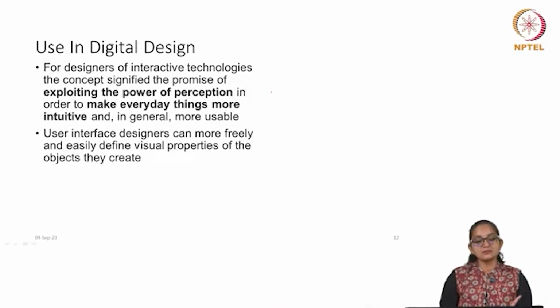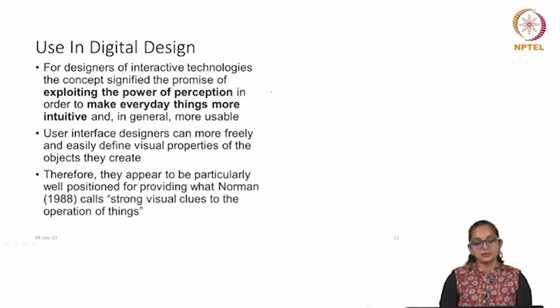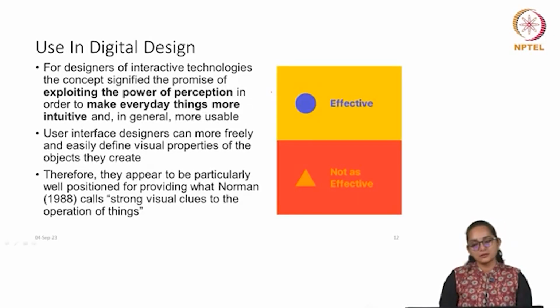User interface designers can more freely and easily define visual properties of the objects they create. So, therefore, they appear to be particularly well positioned for providing what Norman calls strong visual cues to the operation of things.